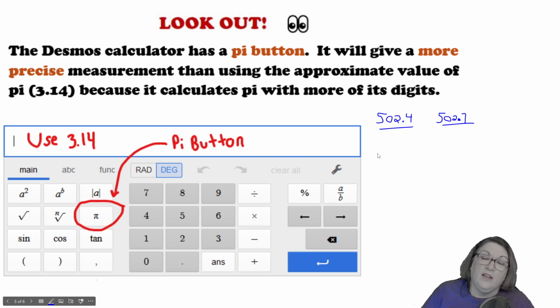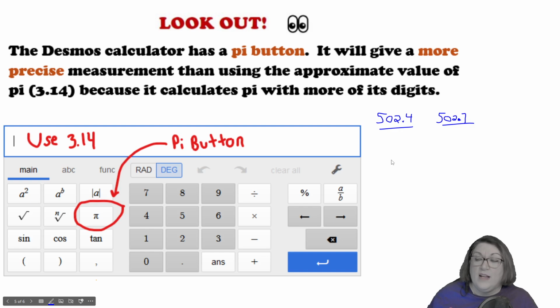So if you're doing a multiple choice problem and you use the pi button instead of 3.14 and you're getting something that's close but not exactly what's in your multiple choice, just know that you're probably right. You're probably just using the pi button instead of the 3.14. So I just wanted y'all to be on the lookout for that because that has confused some kids.